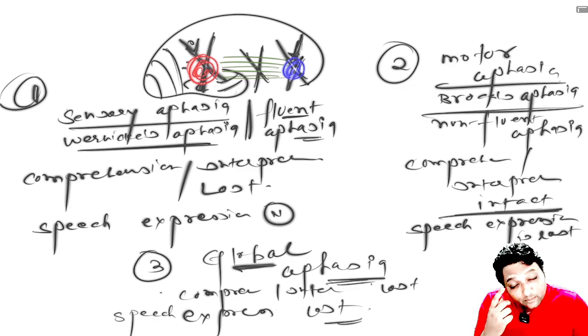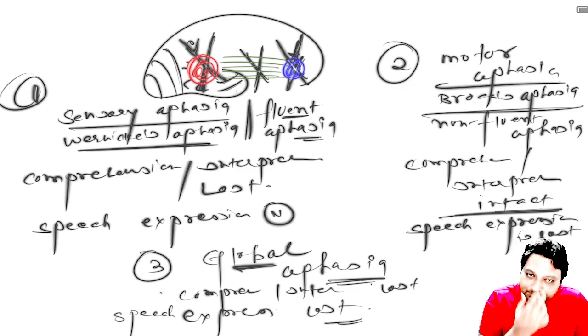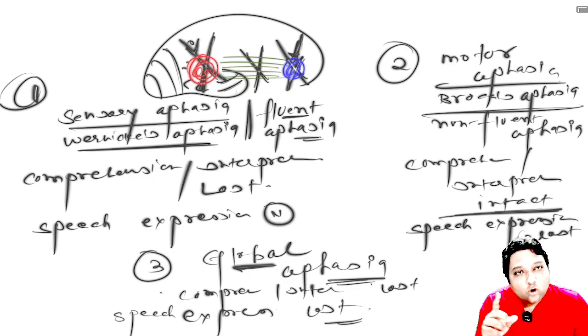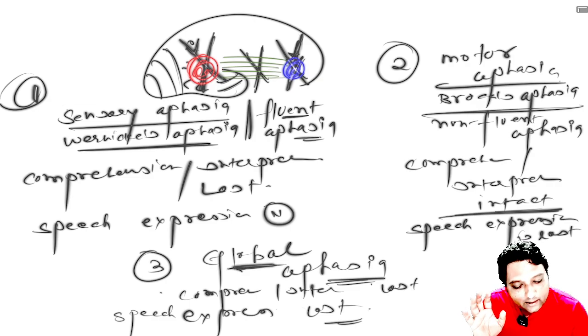The second type is motor aphasia, in which the lesion is in Broca's area. So here the motor component will be lost, speech expression is lost, but comprehension and interpretation is intact. In the third type, global aphasia, comprehension as well as speech expression will be lost.